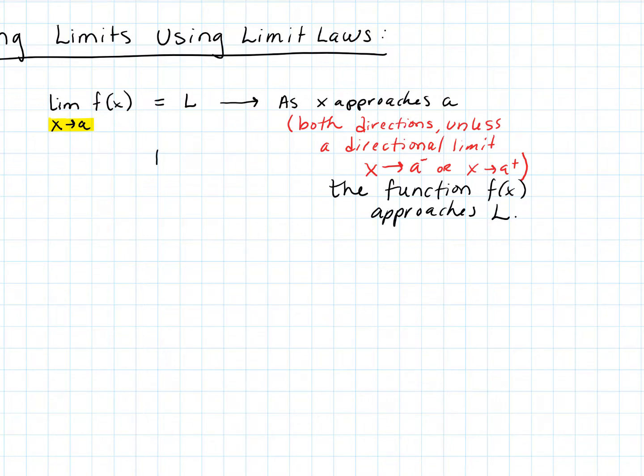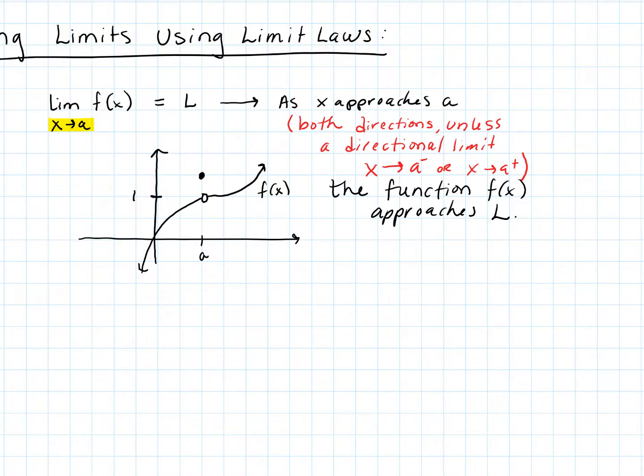So if we have a graph and we're talking about a graphical approach, let's just call that a, and even say that the function has a hole right there. Even so, this value here would be our L in this case.